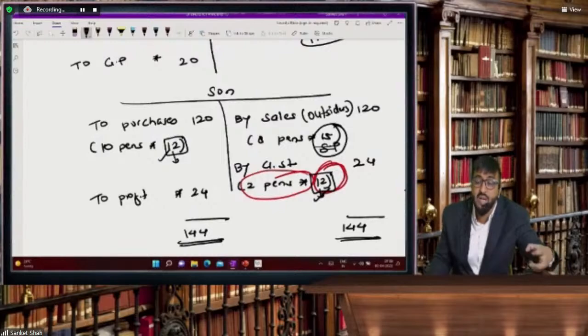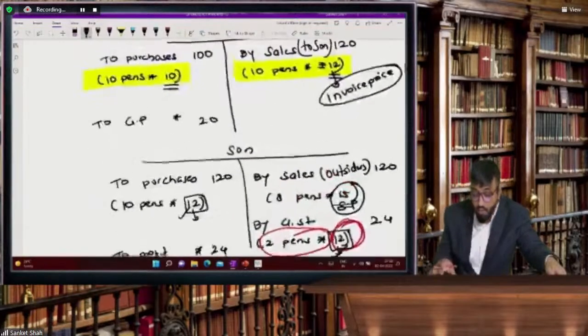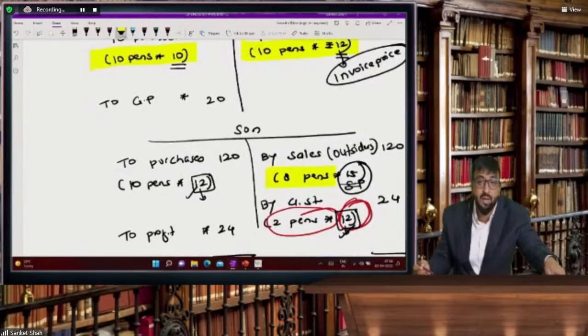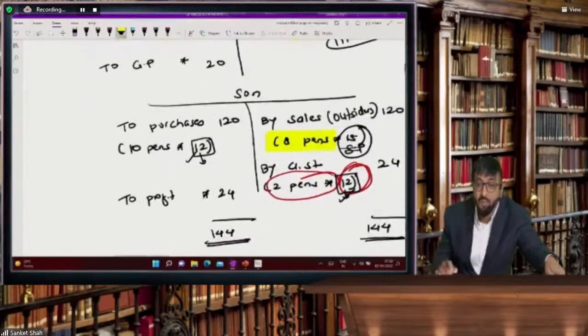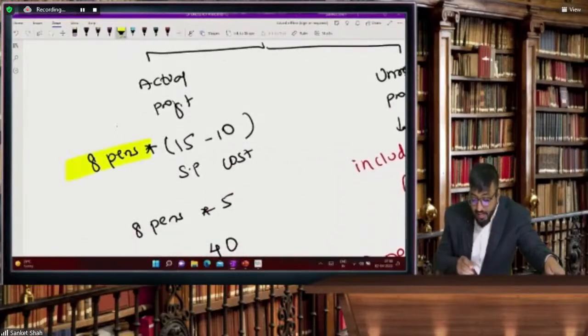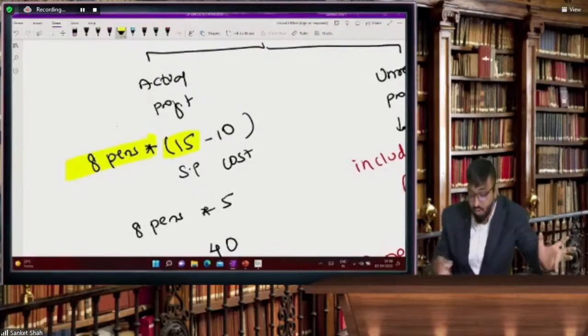Now, when you calculate total profit, it is when you are selling to outsiders 8 pens. What is the selling price? 15. So outsiders 8 pens into 15, but what is the cost to the company? Cost to the company is 10.